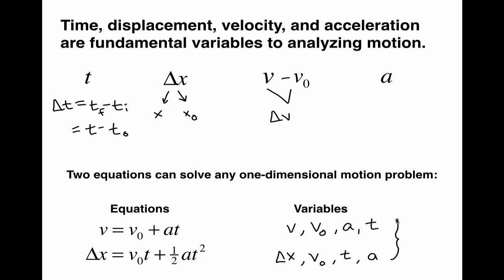So if we look at these two equations, we see that we have captured all the variables we're interested in to describe motion. Again, the two basics: displacement and time, the where and the when, and then how quickly our position changes is our velocity and acceleration.